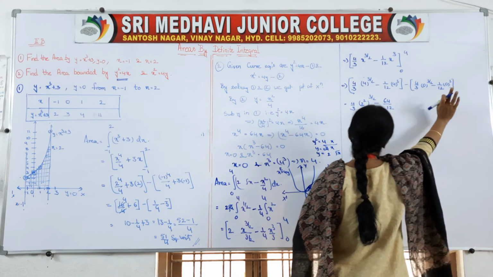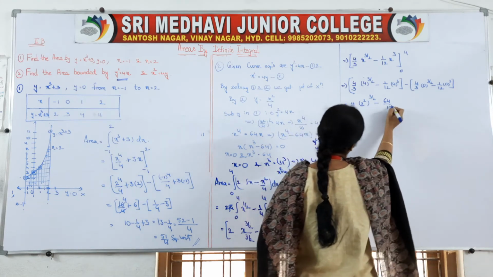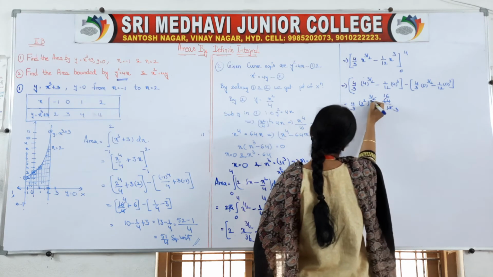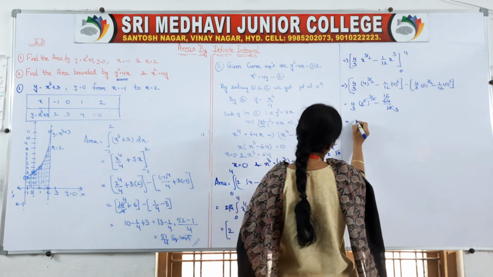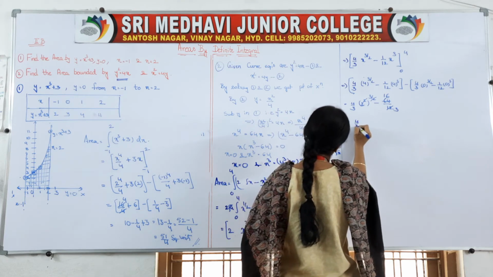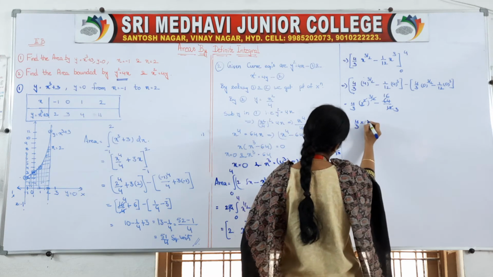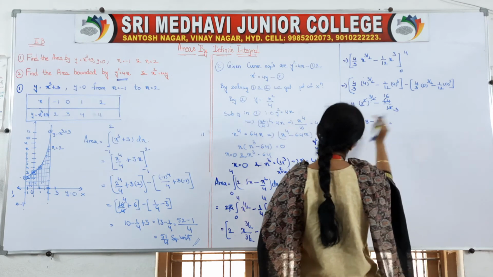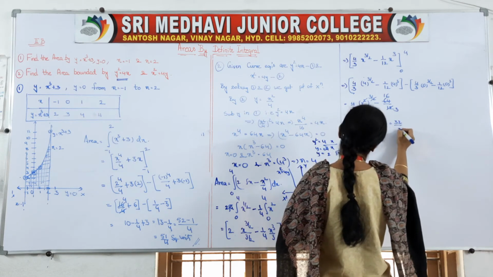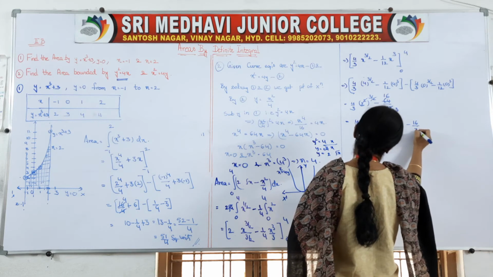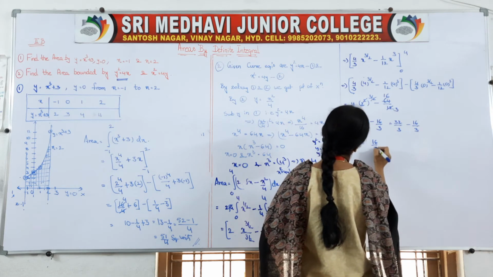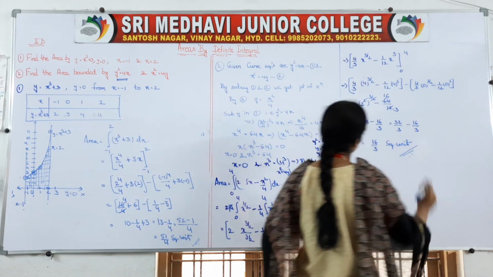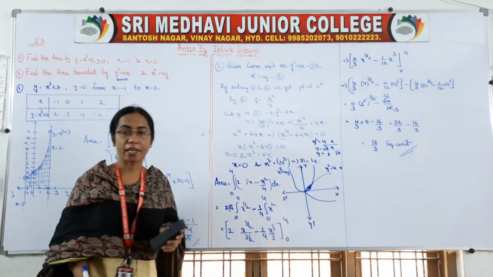The zero terms we need not write. Here the 2s cancel. So it is 4 by 3 into 2 cube, 8, minus 16 by 3. So 8 fours are 32 by 3 minus 16 by 3 is equal to 16 by 3 square units, which is the answer. So be careful while taking.